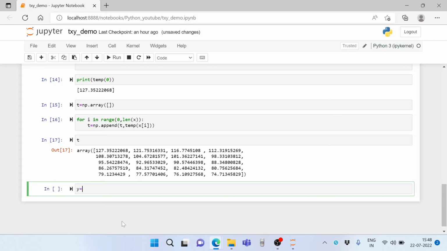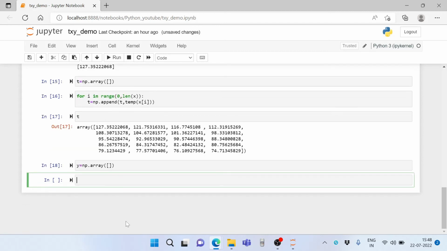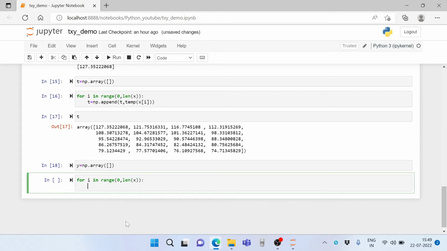We make a separate array for Y. And now Y is calculated using a for loop once again, for i in range 0 to length of X. So for all values of X, this is what it means. Range means from 0 to the last value in X.